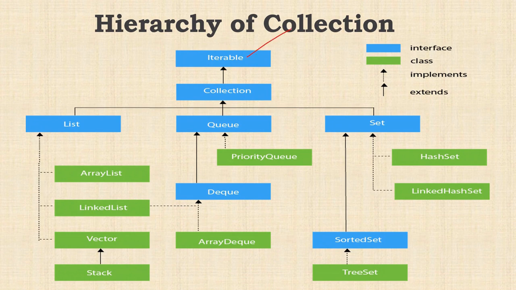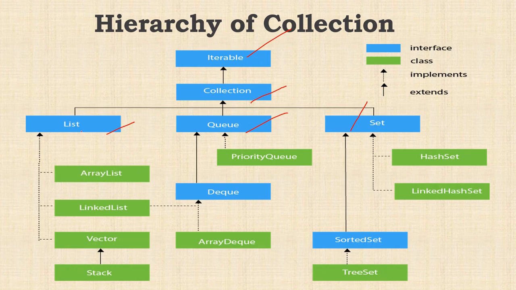This is the root interface, which is Iterable, and then the Collection interface. The Collection interface extends the Iterable interface. Then List is an interface, and the List interface also extends Collection. Queue also extends the Collection interface, and Set also extends the Collection interface.